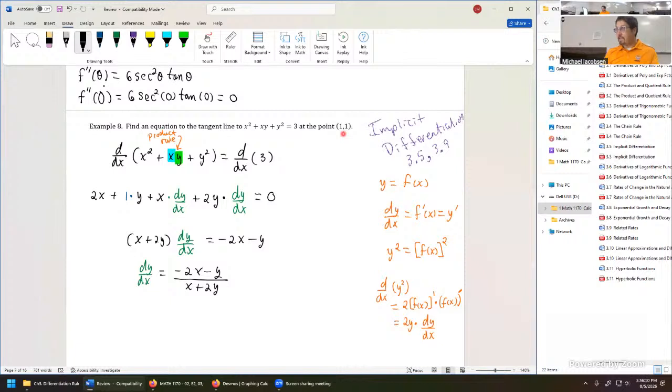And so we take dy/dx and transform it into one specific slope by evaluating it when x is 1, y equals 1, coming from the original information on the point we're interested in. This will take us to negative 2 times 1 minus 1 over 1 plus 2 times 1. So that's the evaluation for 1 for x, 1 for y.